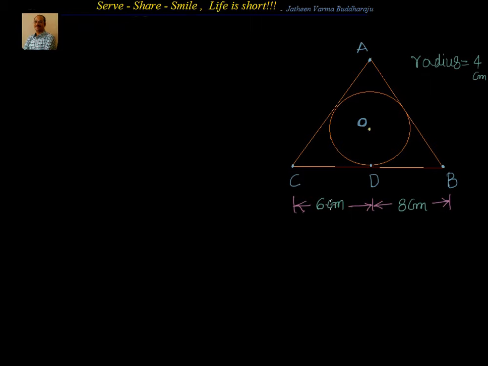So what is the approach we will follow to solve this problem? We will use three concepts. The first concept is that lengths of tangents drawn from an external point to a circle are equal.